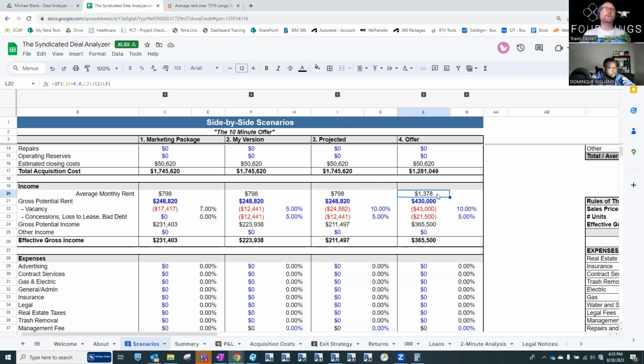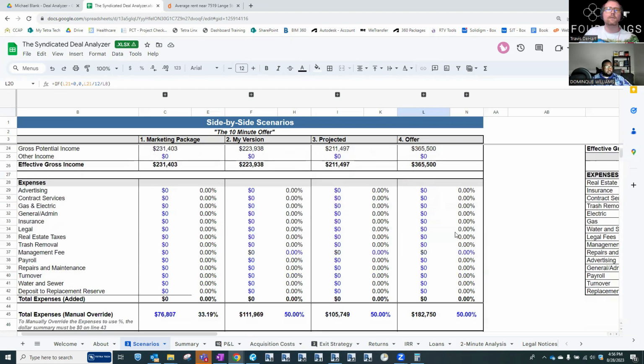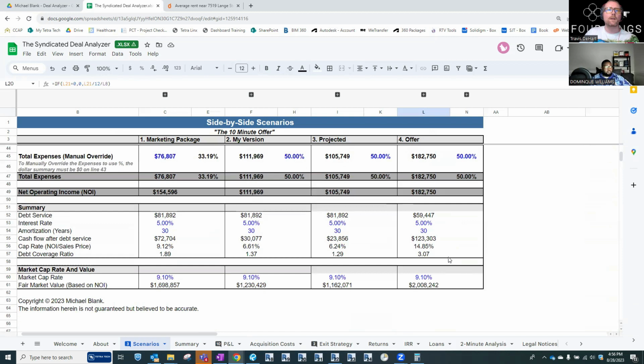So that's what we were trying to do, is get this average monthly rent to reflect what current conditions are for that area. And so now that we have that, we can come down here and see what the property would be valued at based on that 9.1 cap rate. And it looks like just over $2 million.